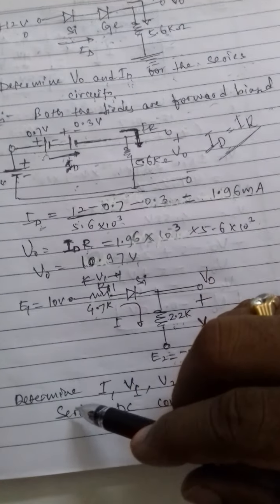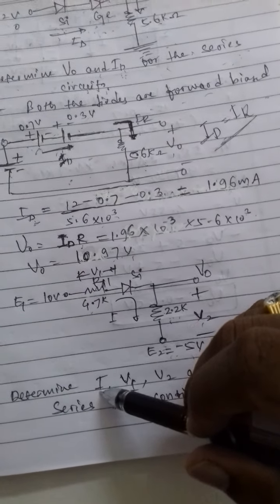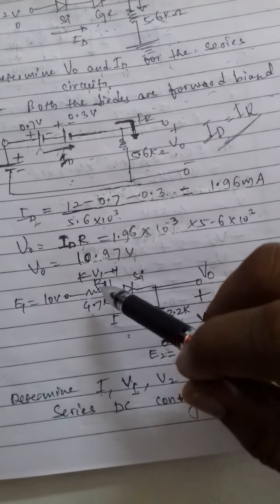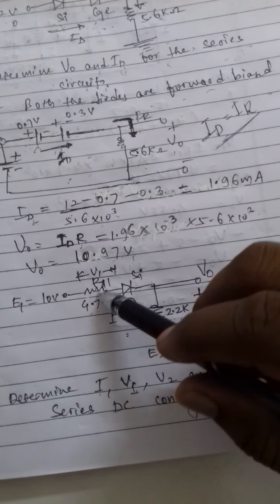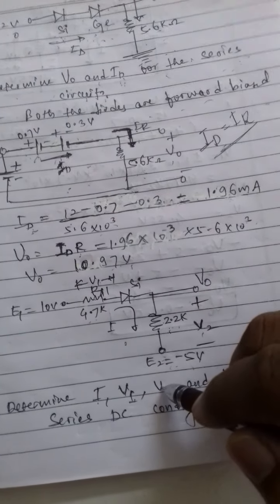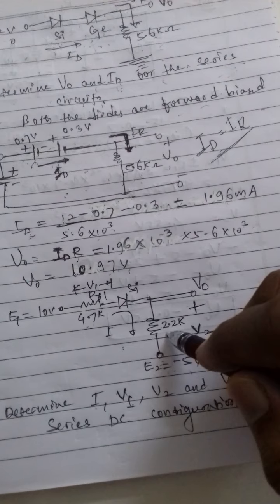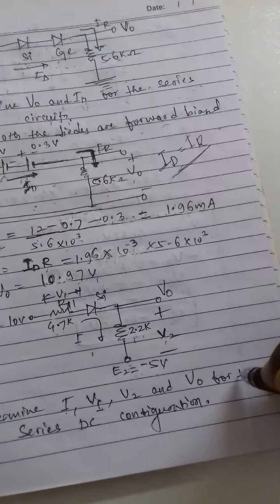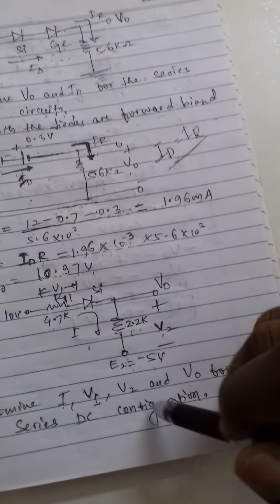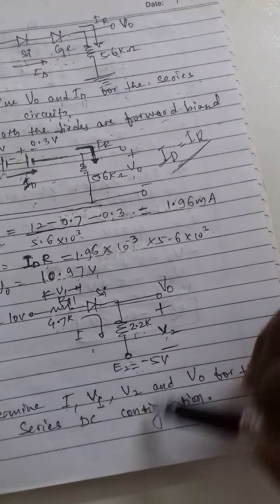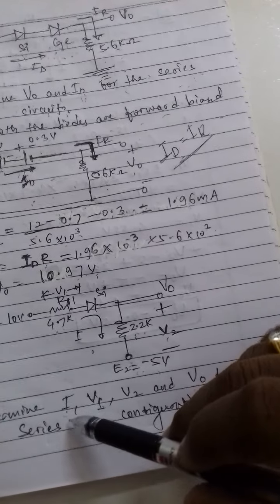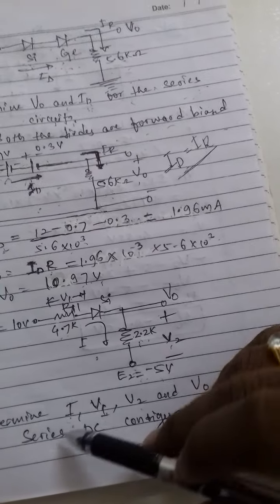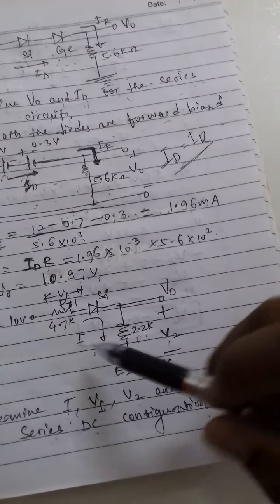We have to determine the current I flowing in this path, voltage V1, the drop across R1, V2, the drop across the 2.2 kilo ohm resistance, and the output voltage for the series DC configuration of these diodes.